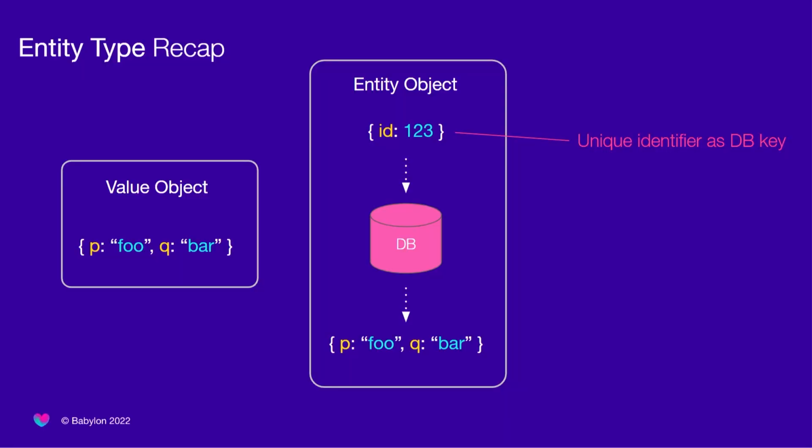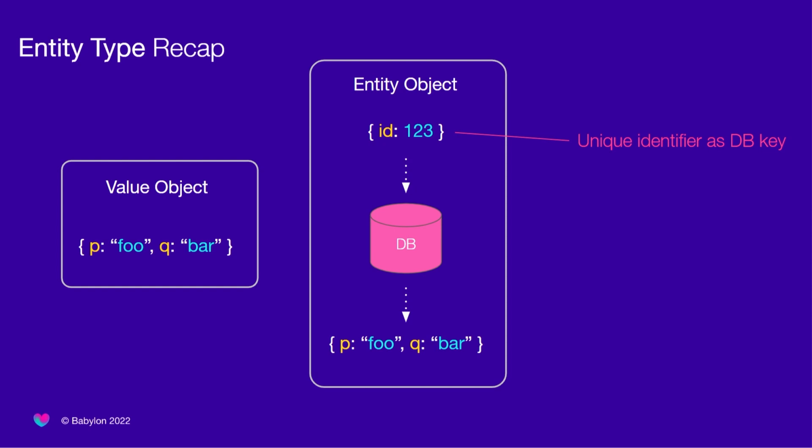Well, before I show you the actual implementation of the localized string type, I just want to do a quick recap on how entity types work in Apollo Federation. In Apollo Federation we have value types and entity types. With a value type, a subgraph just returns the data for that value type.